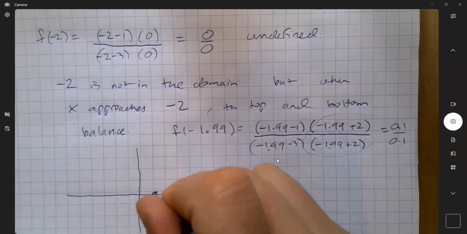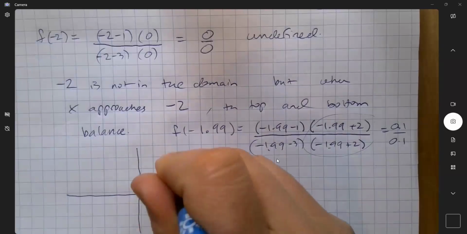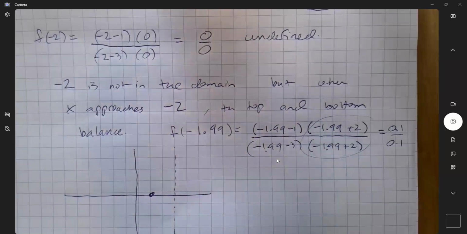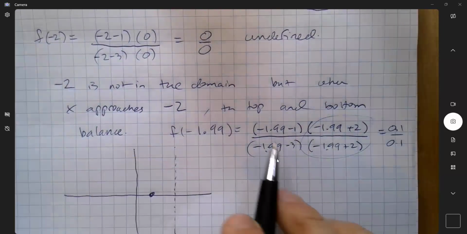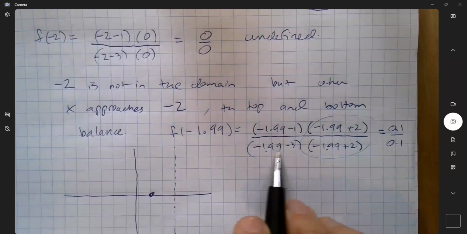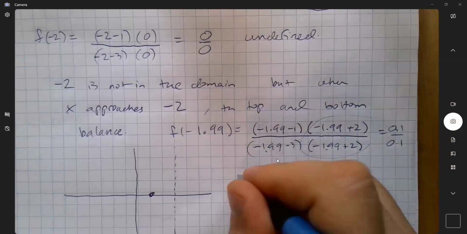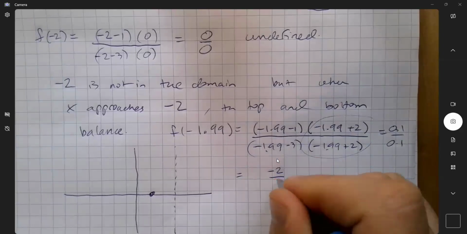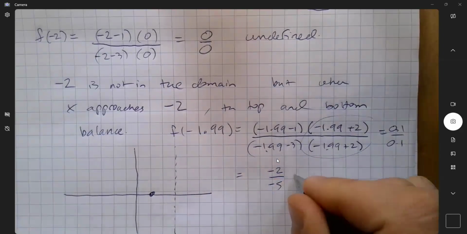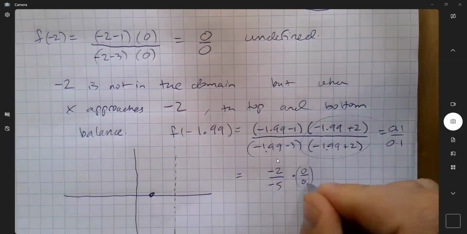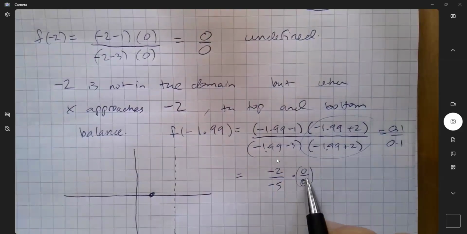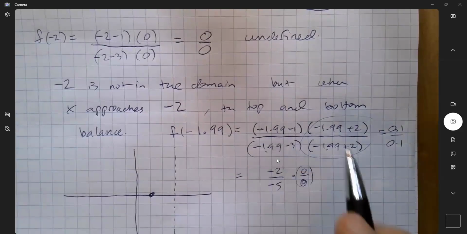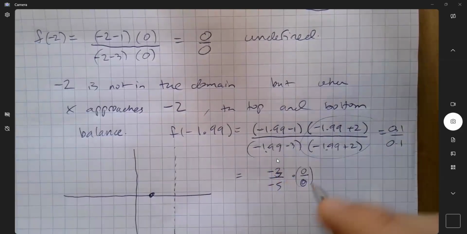When x is 3, I have a vertical asymptote. But when x is -2, the top and the bottom balance, and it becomes something very similar to -3 over -5. It's multiplied by 0 over 0, so it doesn't exist, but this should be -3 over -5.